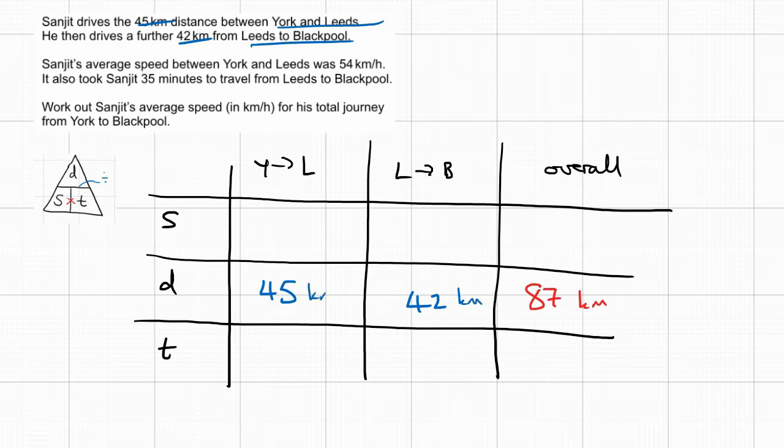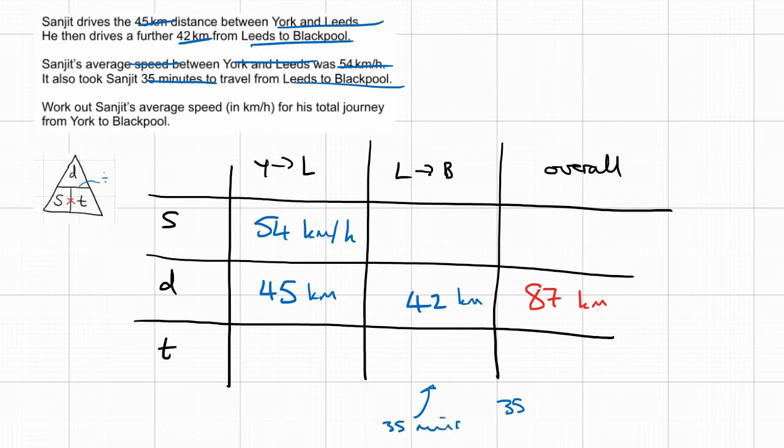You don't need to fill in your units, but I like to. That's just me. So the average speed between York and Leeds is 54 kilometres per hour. It also took him 35 minutes to get from Leeds to Blackpool. So the time here is 35 minutes.